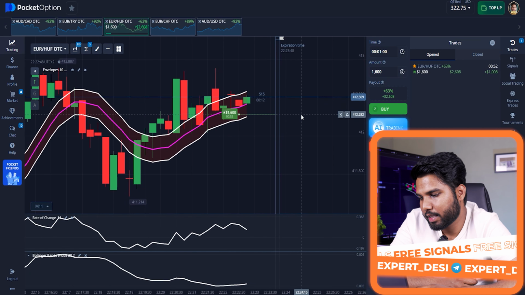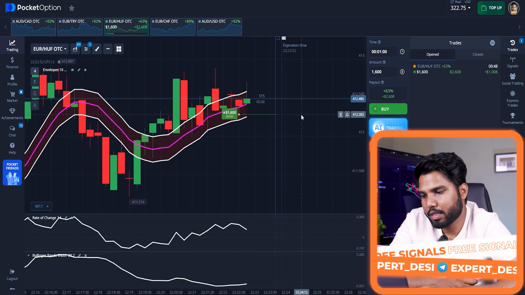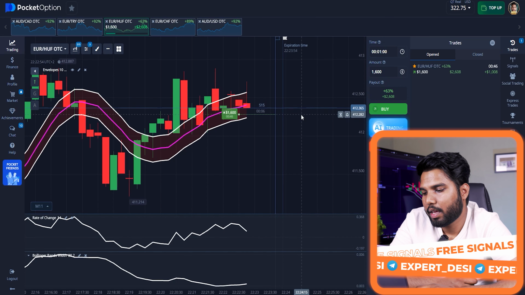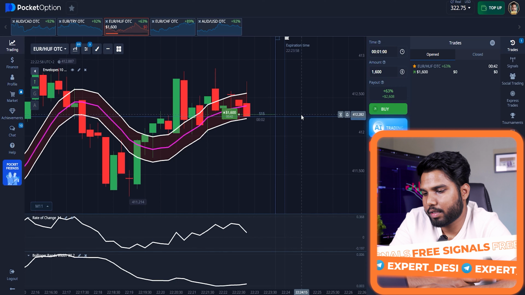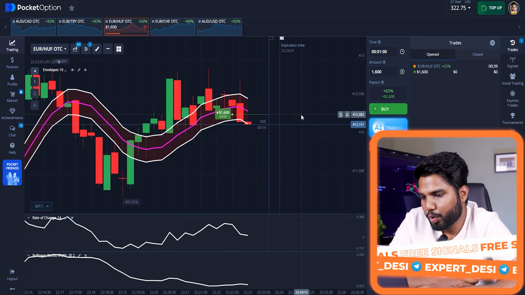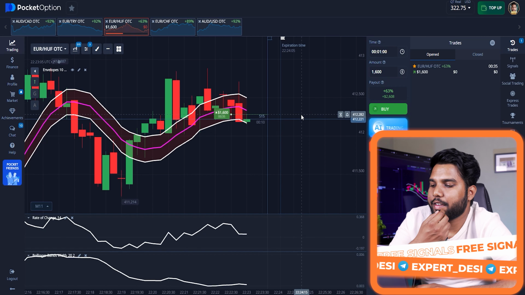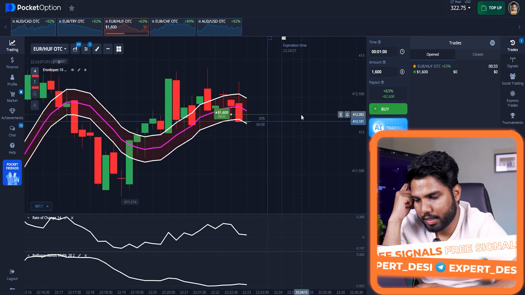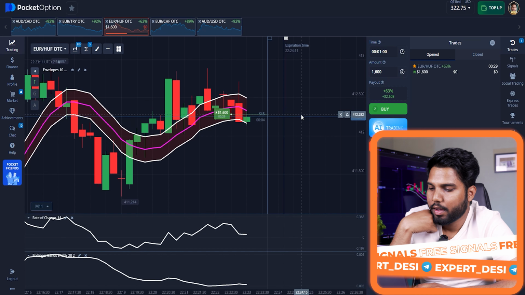Let's see why. Again the envelopes indicator shows the market is going upwards, and the candles were in the upper part of this indicator, so it shows the market is going up. Also with the rate of change, we can see it's in positive value, more than 0, so it should go up.